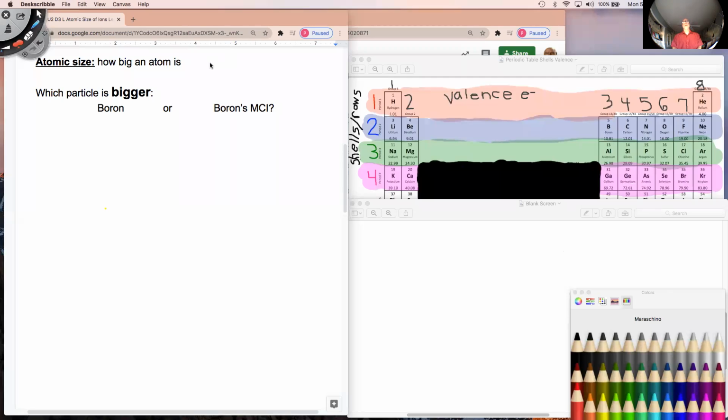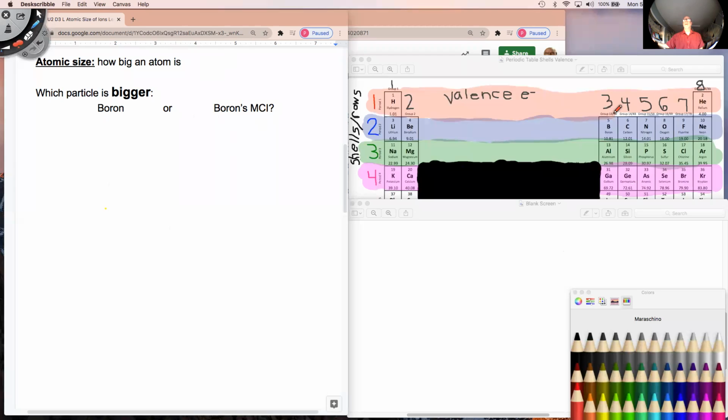So now what we're going to be talking about is the size of the particles, or the size of the atoms. So this question states, which particle is bigger? Is boron going to be bigger, which is a neutral atom, or is boron's MCI, which is a charged particle? Let's start off by drawing the information with boron.